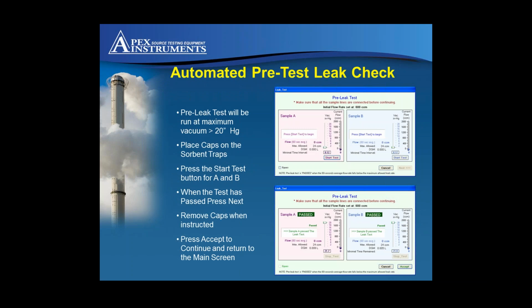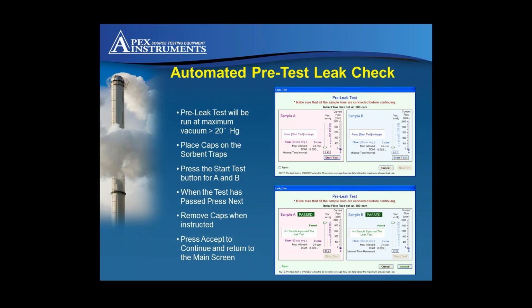Okay, so the top screen is the pre-leak check. It's independent, and you're going to choose start on the A channel and then choose start on the B channel, and it automatically is going to pull max vacuum and no flow, and it does a calculation, which I believe is 4%, to determine whether it passes or not.